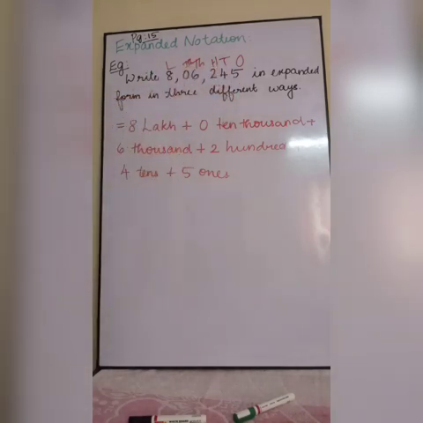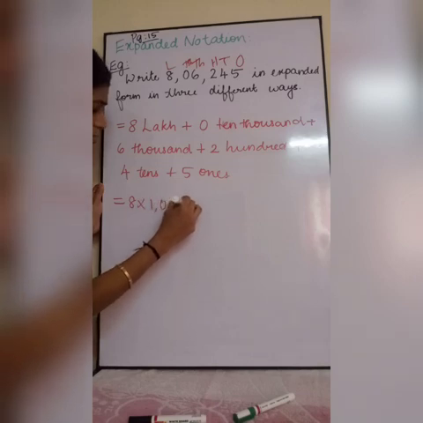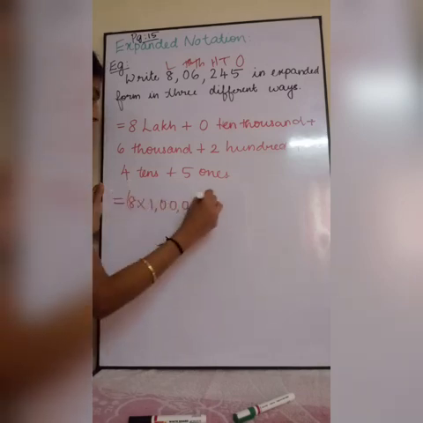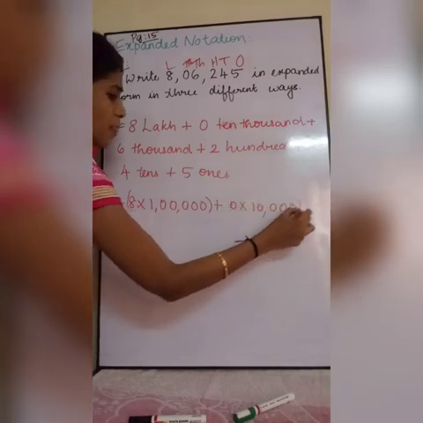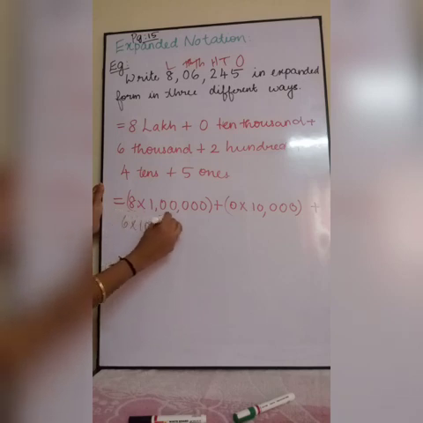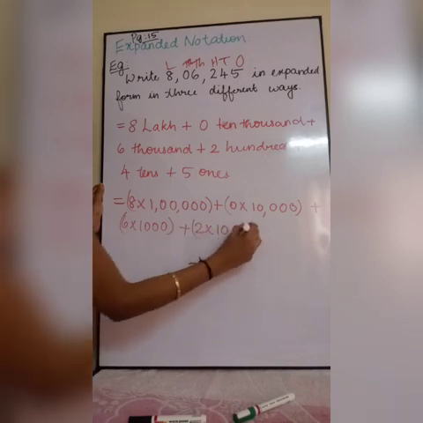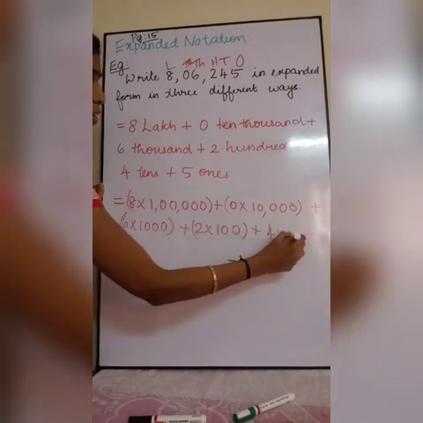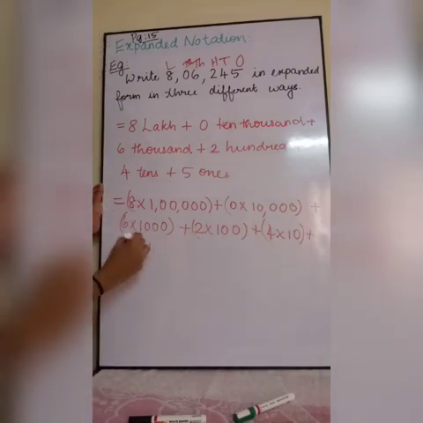Understood the first expansion? Next, what I told you, instead of writing in number names, we can write it in numbers. So 8 into lakh plus 0 into 10,000 plus 6 into 1,000 plus 2 into 100 plus 4 into 10 plus 5 into 1.